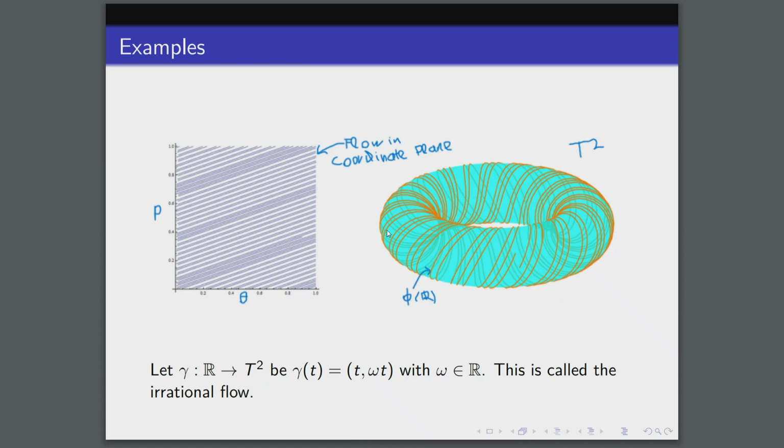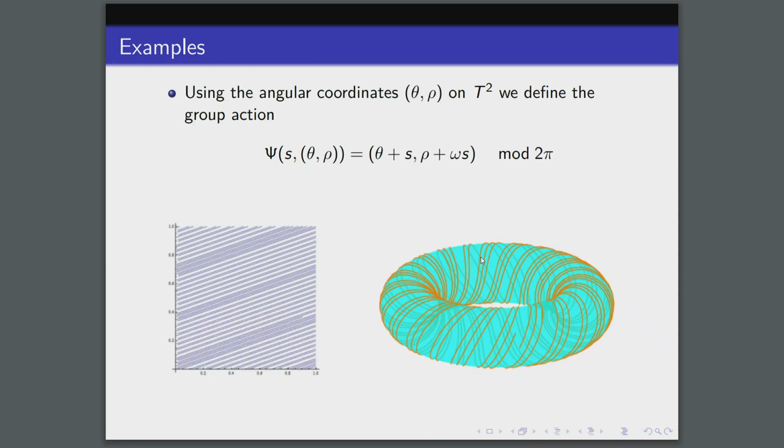If you map this under the parameterization that I gave for the torus, then the image of this curve looks like this. With this, we can define a global group action acting on each point x on the torus.